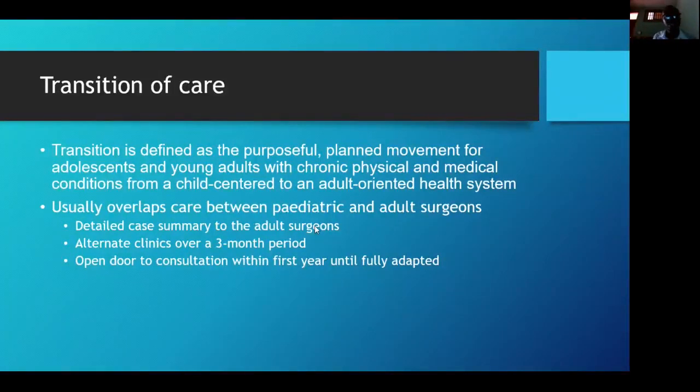Sorry about that. So they will be transiting from adolescents to young adults. For instance, in a patient that has Hirschsprung's disease, Hirschsprung's disease ideally should have a lifelong follow-up.